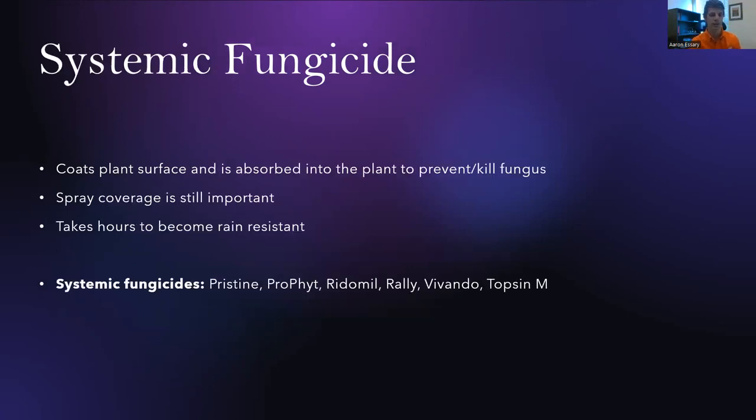Okay, systemic fungicides. So these are fungicides that get absorbed into the plant. Spray coverage is still important, but what happens is you go through your rows, you spray your canopy, and then within hours, the plant will actually absorb the fungicide and help protect it like that. Systemic fungicides are more rainfast, which means they can't be washed off, or at least not as easily, especially once they are absorbed.